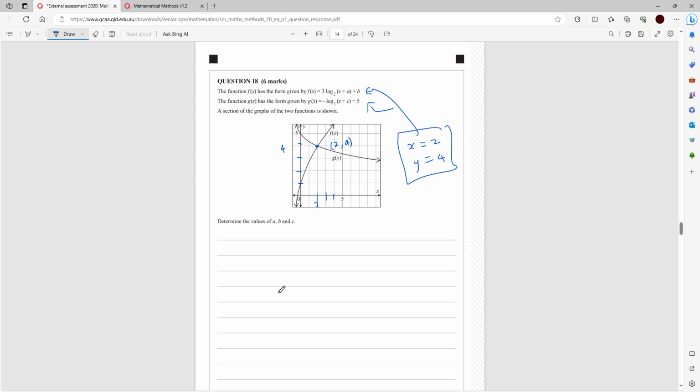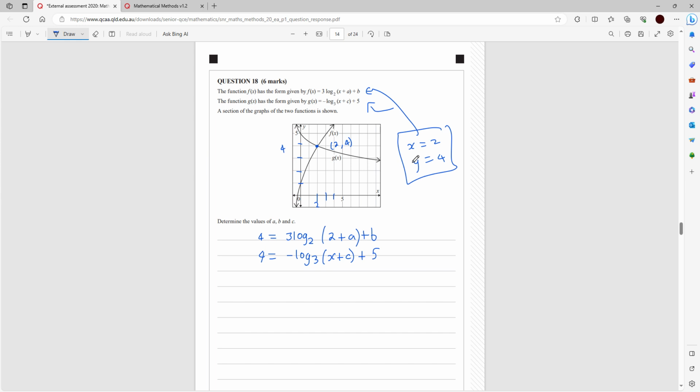So this means 4 is equal to 3 log base 2 of (2 plus a) plus b, and 4 is also equal to negative log base 3 of (2 plus c) plus 5.